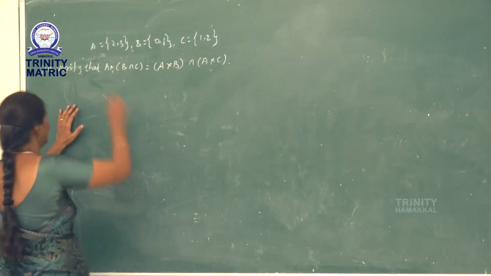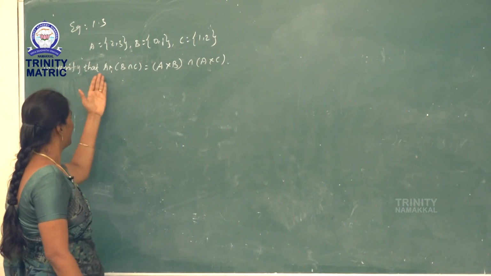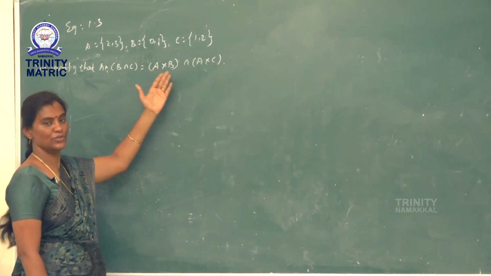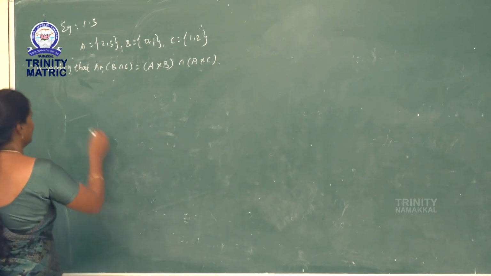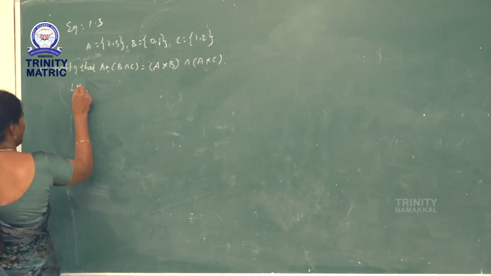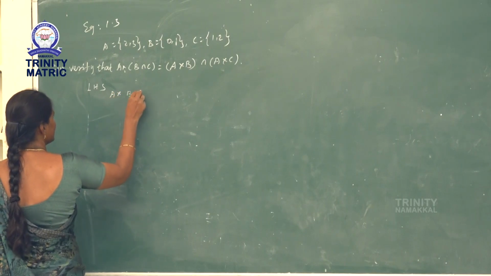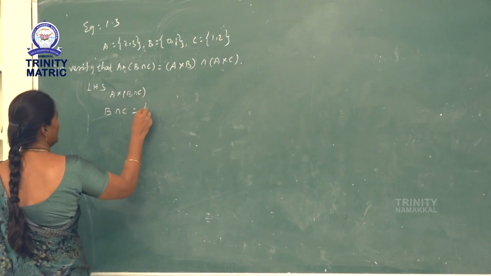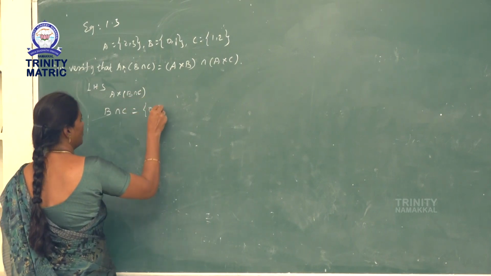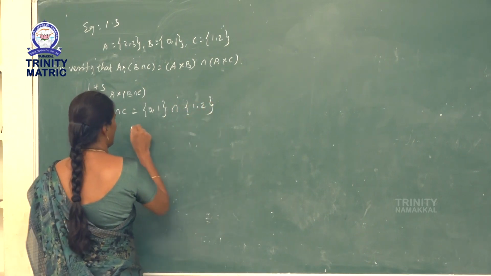See example 1.3, the second one: A cross B intersection C is equal to A cross B intersection A cross C. Here the LHS, left hand side, is A cross B intersection C. First we have to find B intersection C. The set B is {0, 1} intersection C, {1, 2}.